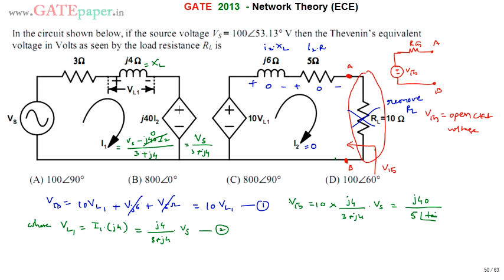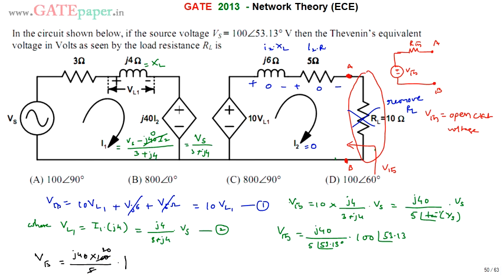Vs is given, so I substitute: j40 divided by 5 angle 53.13 degrees, times 100 angle 53.13. First write the magnitudes on one side and the phase angles on the other. The magnitude is 40 into 100 divided by 5, which is 800 over 5... that is 20 times 40.